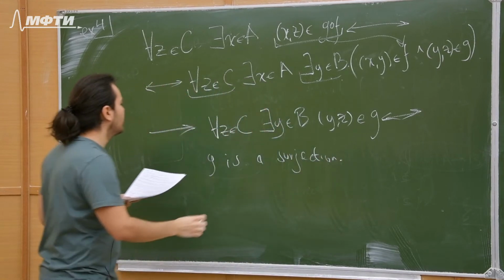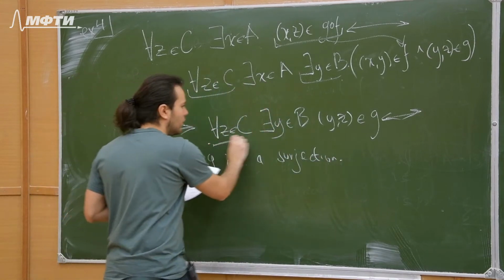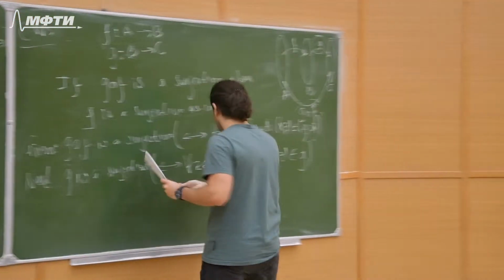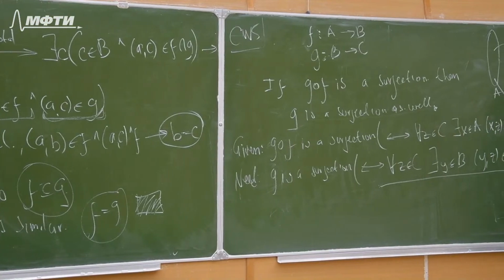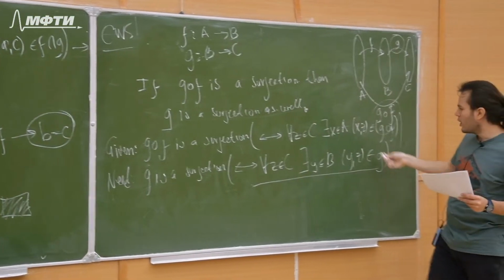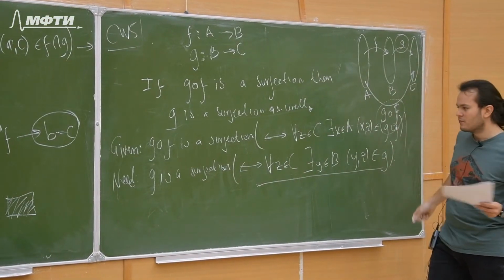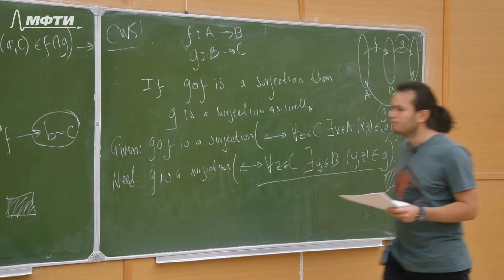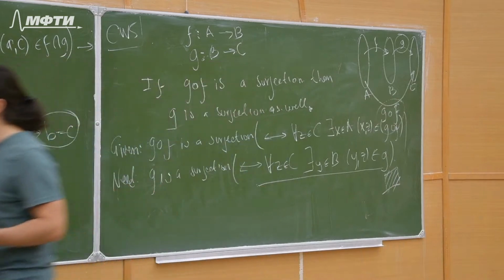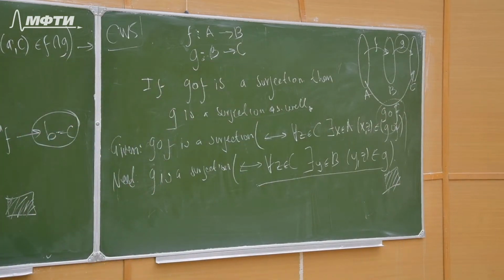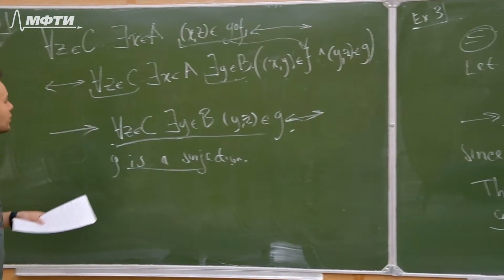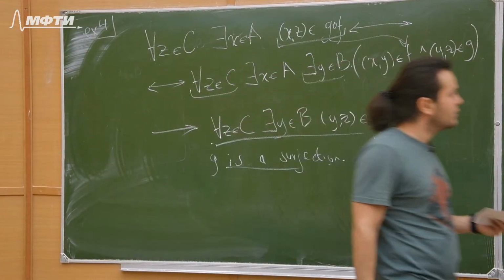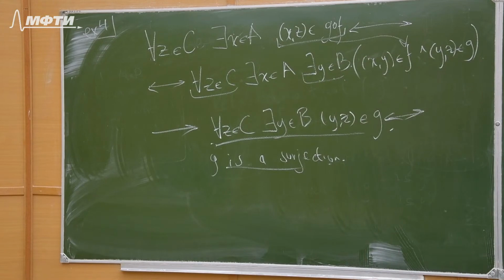Because what is written here is the same as what we have there. So using this, we obtain this, and this is the proof. So we obtain that G is a surjection as well. Good. So this was exercise 5. Let's continue with exercise 6.